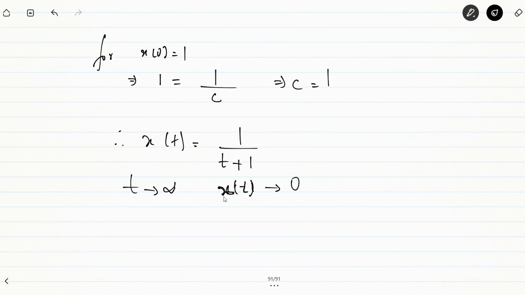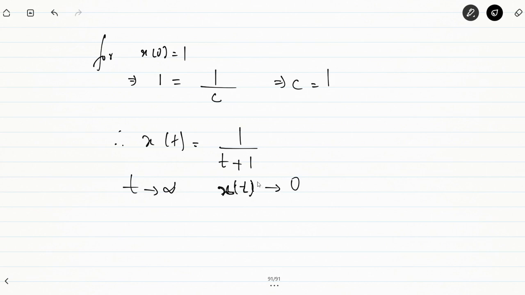So this refers to a decaying function. As t tends to infinity, irrespective of the value of c, which will actually be determined by the initial condition of the system, as long as it is a positive value, the system will tend to 0.